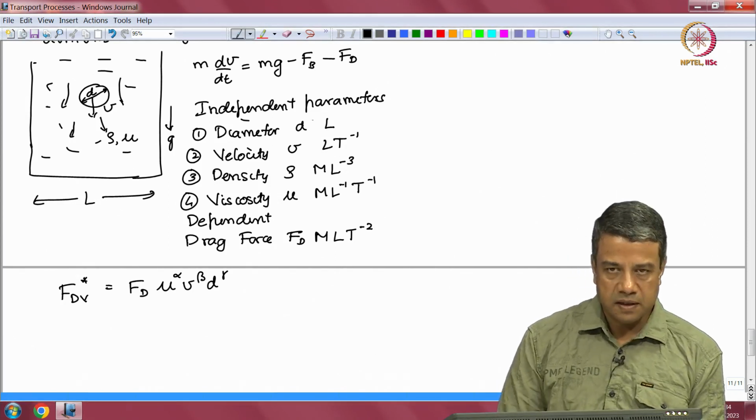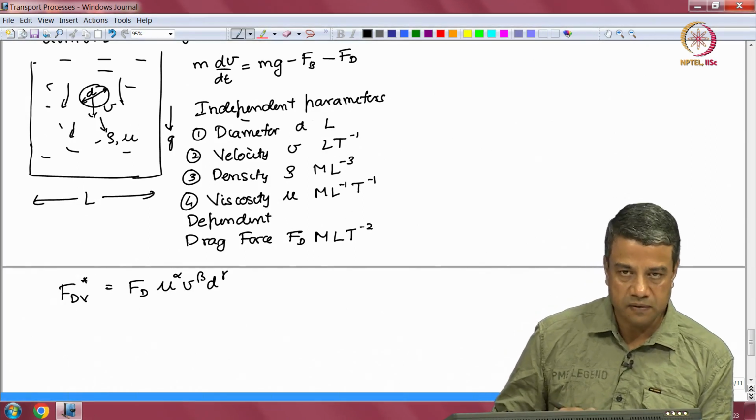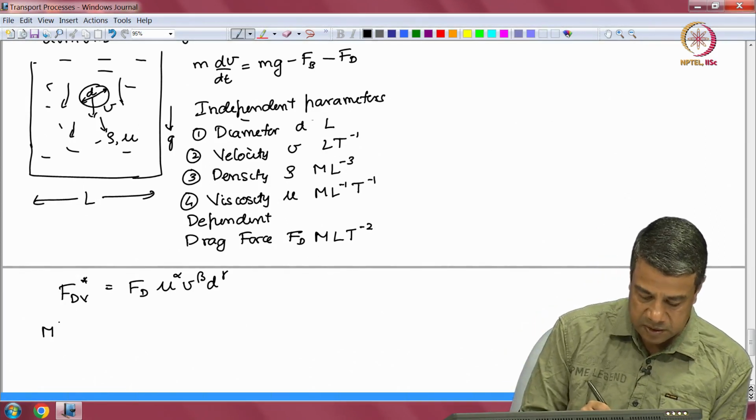The dimensionless drag force is dimensionless, so this is m power 0, L power 0, T power 0.